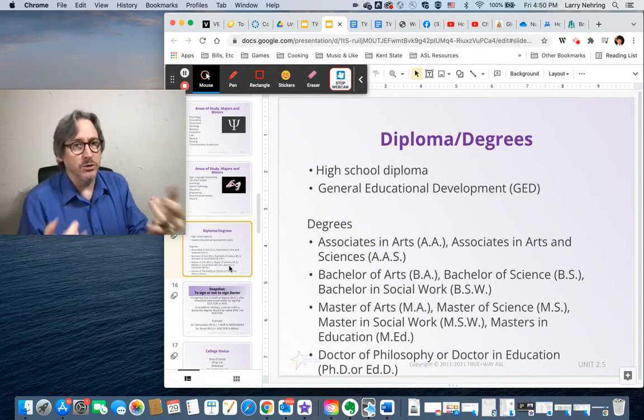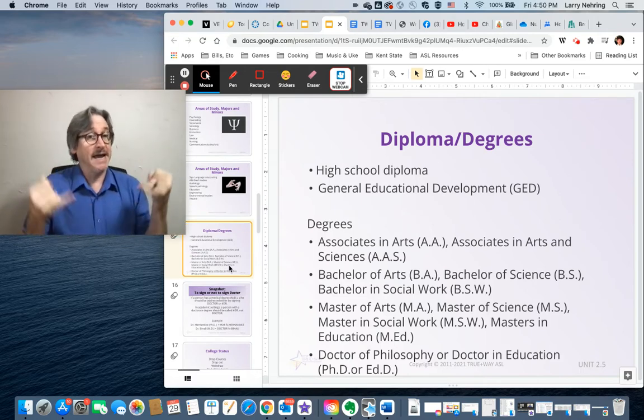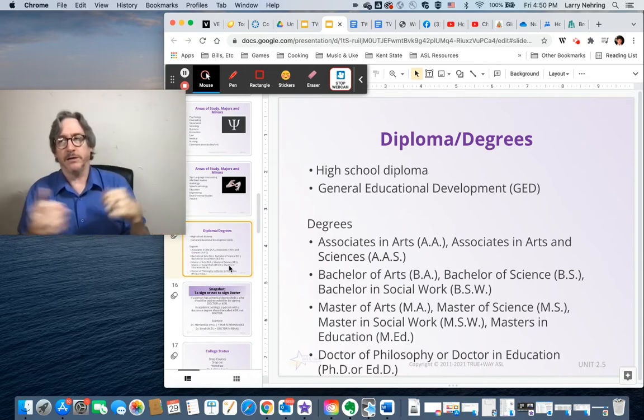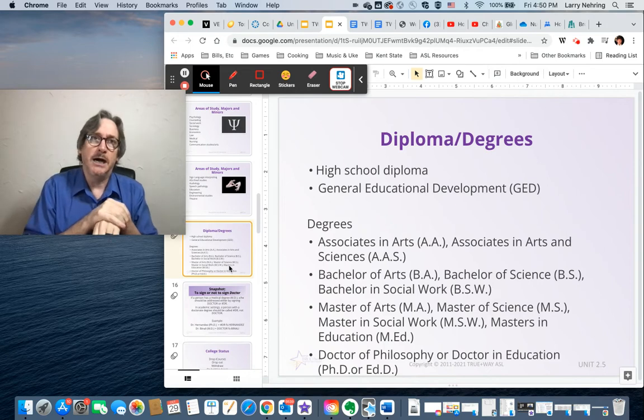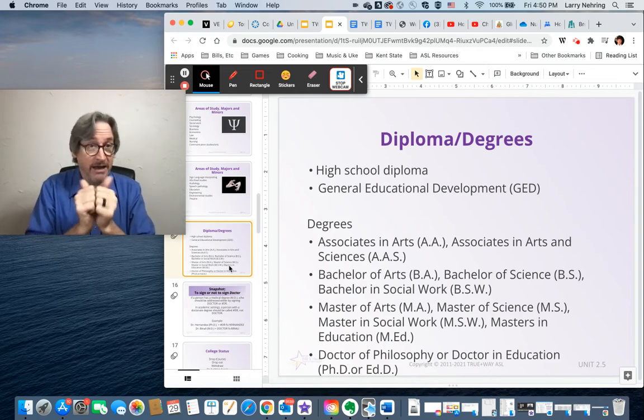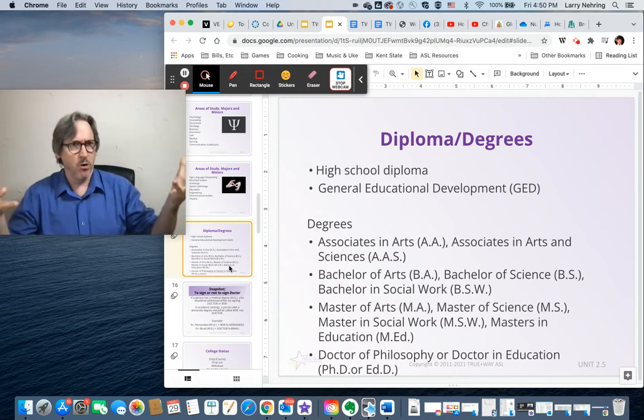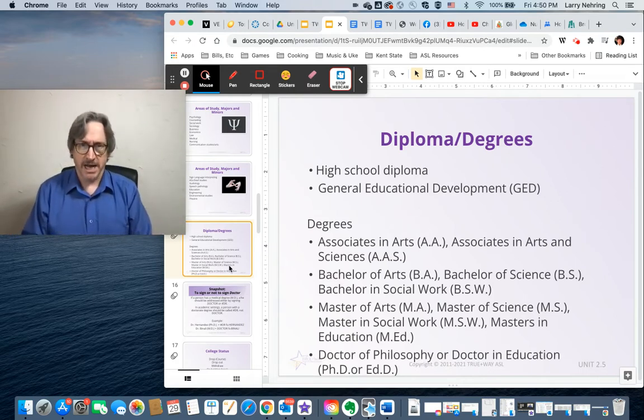You've seen how we do, like, this is the sign for spaghetti, but it's also used for all pasta. Or this is the sign for whiskey or scotch, but it's used for all alcohols. This is the sign for track and field, but it's also used for all sports as the overarching sign.